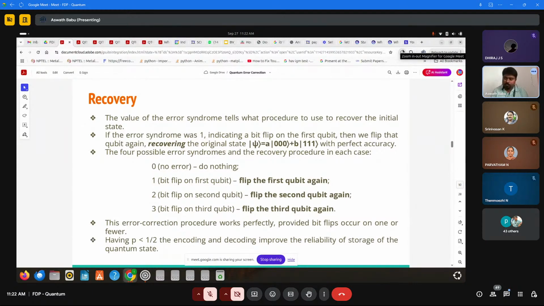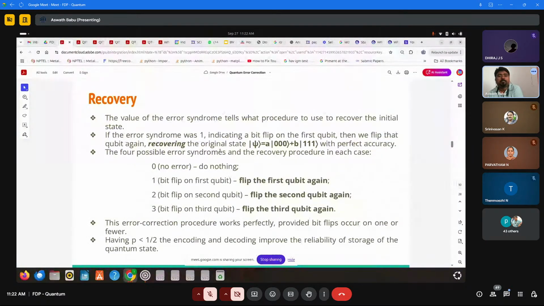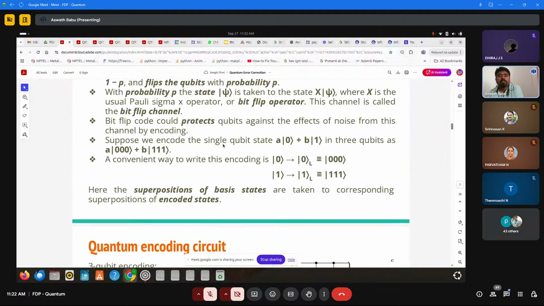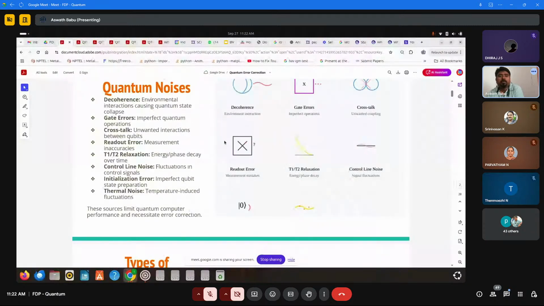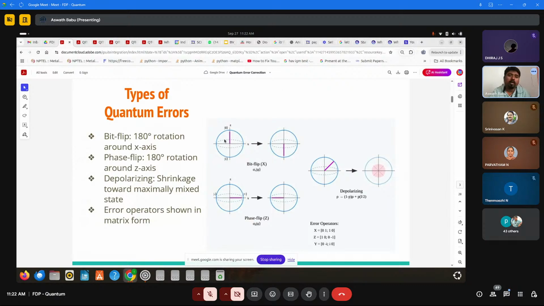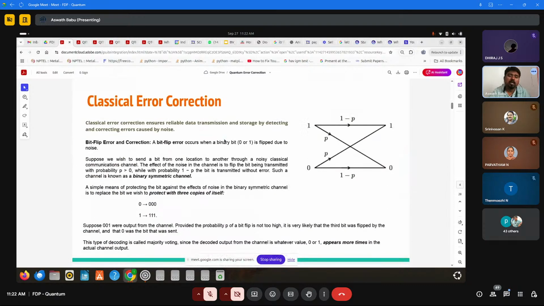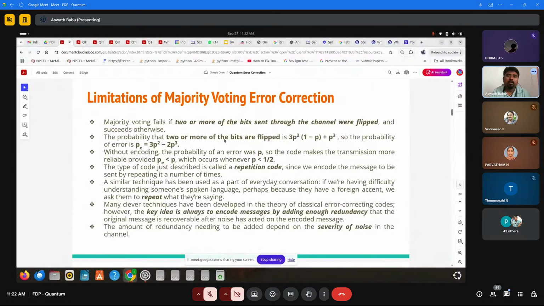So far, what we discussed is the errors in quantum computing, where they are coming from, the sources of errors. What kind of errors? How classical computing people are doing error correction? Can we do that? If we can do that, what would be the limitation?